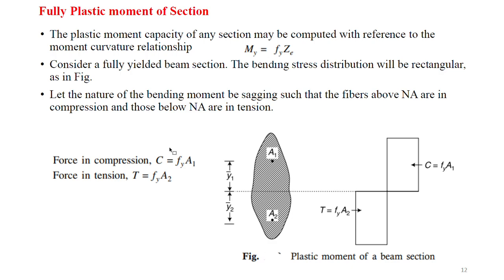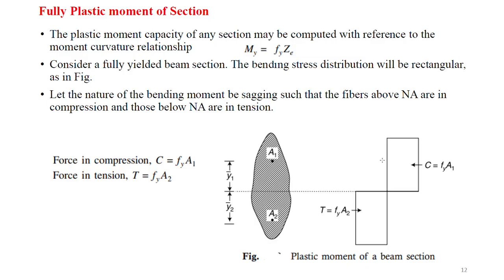This means that the compression force C is equal to the yield stress of that material into the area of cross section of the upper part, the portion above the equal area axis. Similarly, the force in tension T is equal to Fy into A2, the area of the bottom portion of the section.